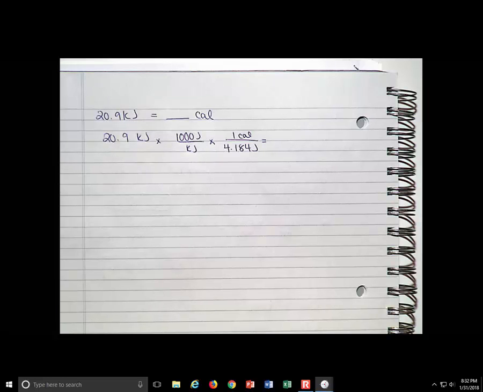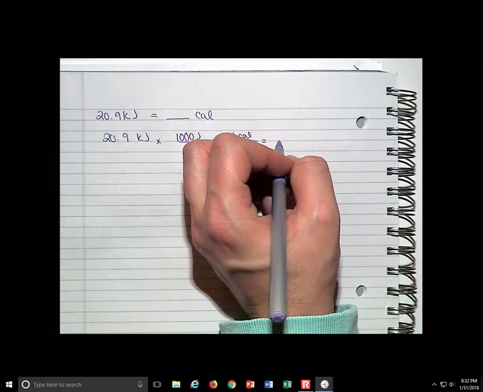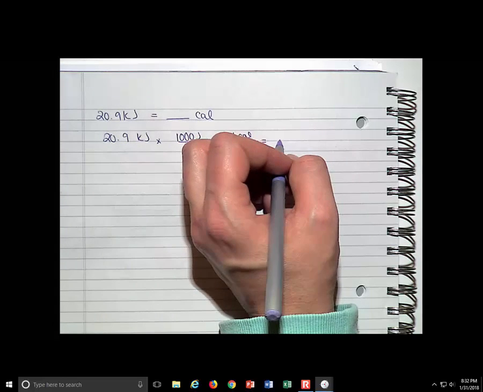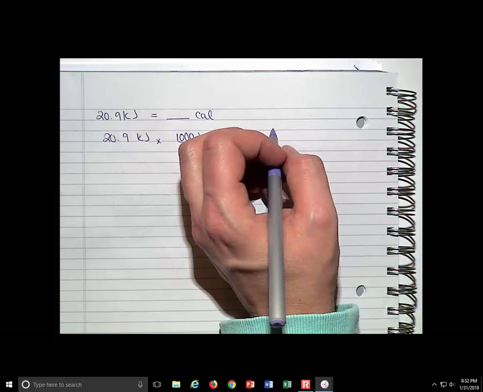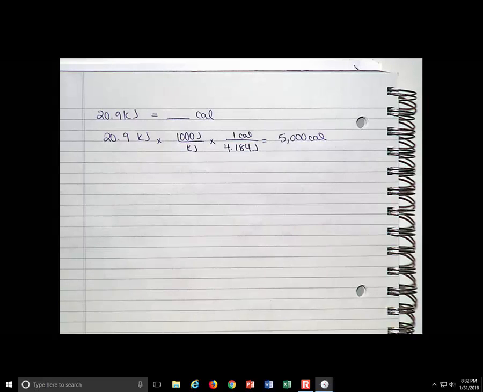And I get 5,000. So that's what I got. Good. The answer says it's something different. So it's a typo either here with calories, maybe big calories, or in the answer key.